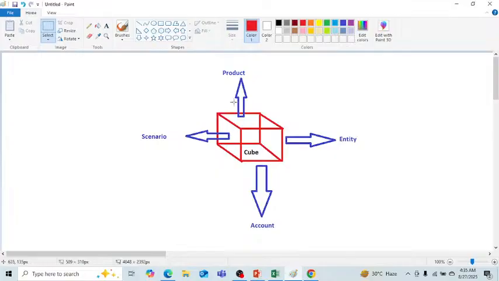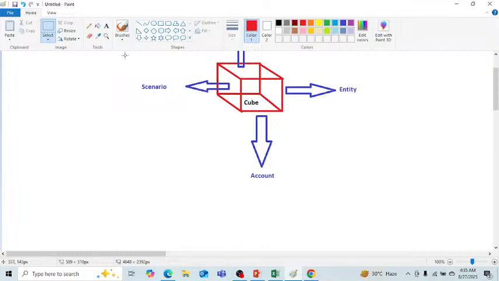So what would be included in the account dimension, because today's topic is the account dimension and its member properties. Within that we will learn what are the member properties that affect the planning of specific accounts. So here I can also mention what member properties come under the account dimension.